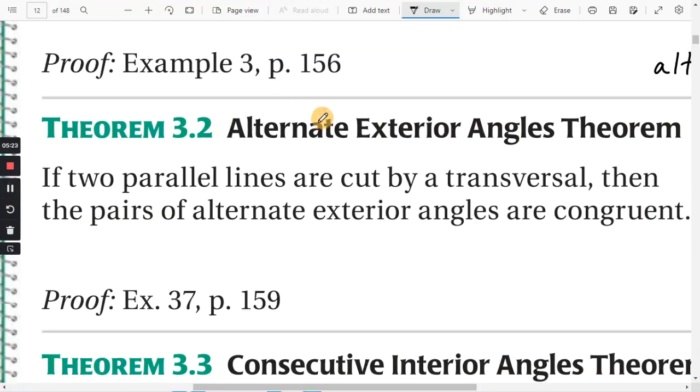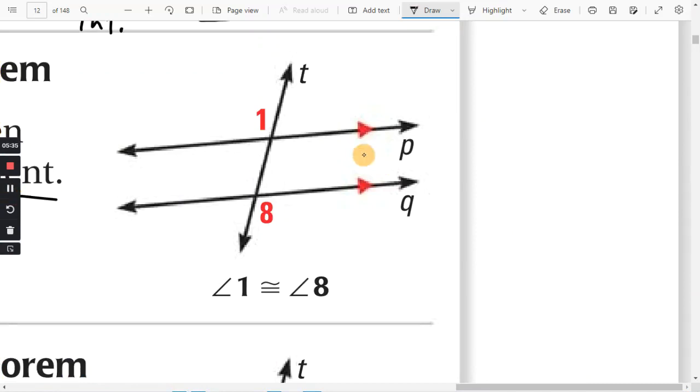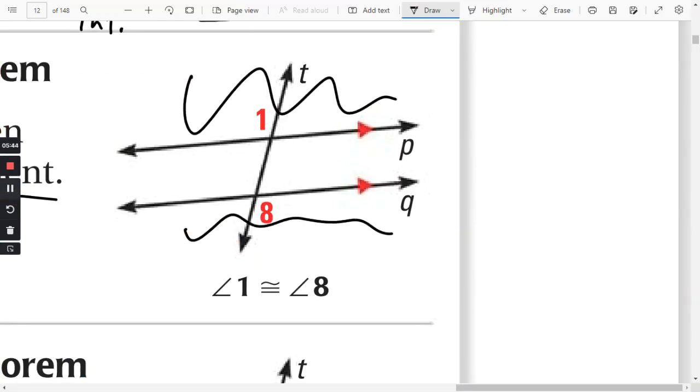Now, the exact same thing holds true for alternate exterior angles. If the two parallel lines are cut by a transversal, alternate exterior angles are congruent. So again, P and Q are parallel. Exterior means it's not in between the parallel lines. So up here and down here is the exterior.